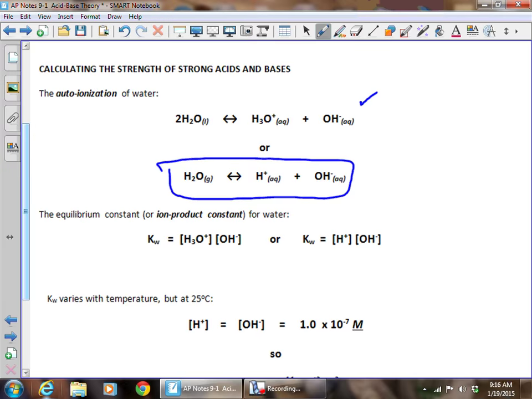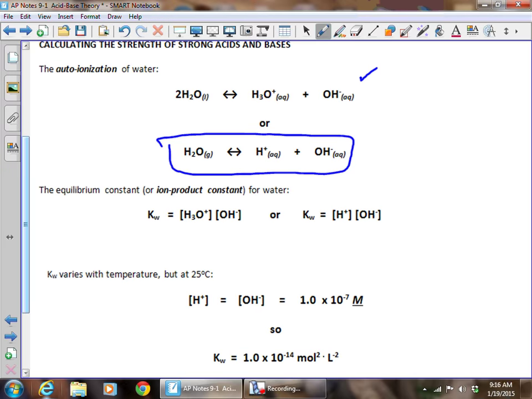The equilibrium constant, we sometimes call it the ion product constant. Think about it, since water is a liquid, and I don't know why I've got it as a gas in the second reaction because it's a liquid. But when water is a liquid, it doesn't appear in the equilibrium expression. So all we get for Kw is just another way of writing the equilibrium constant.